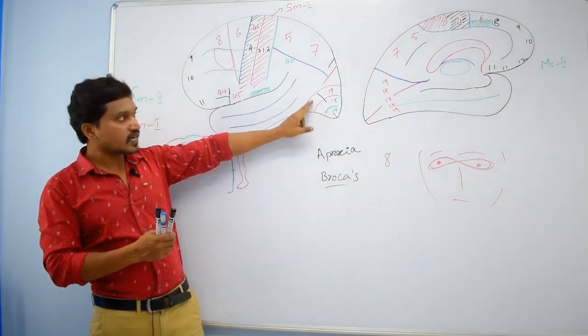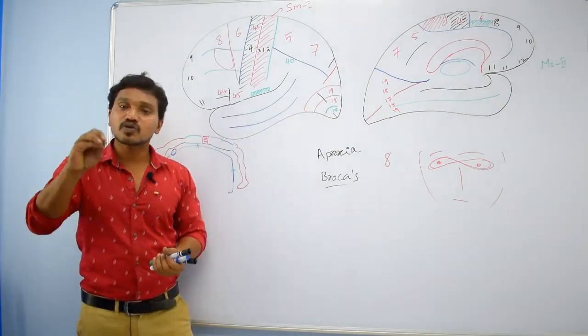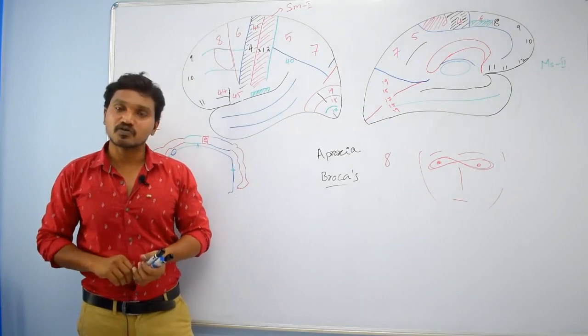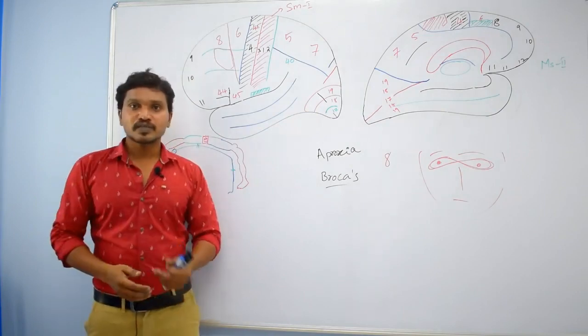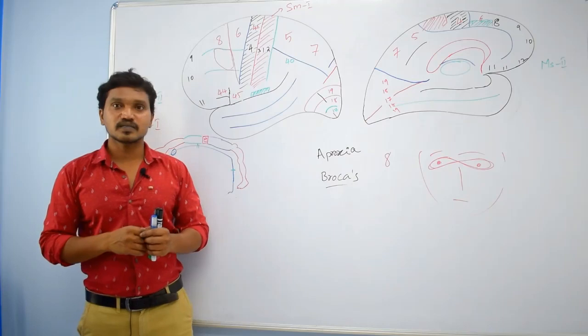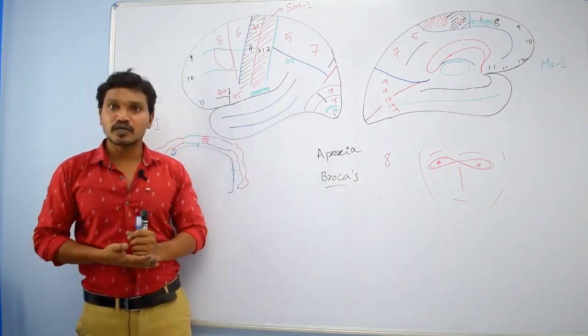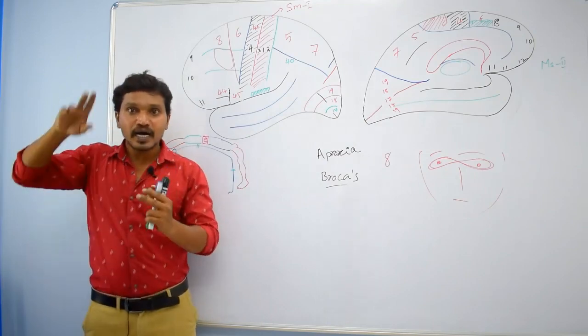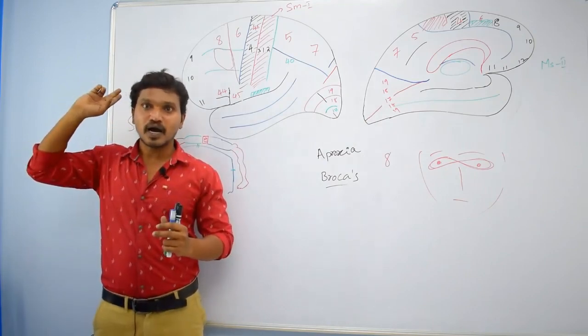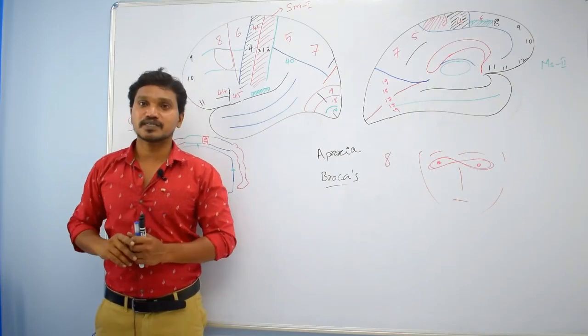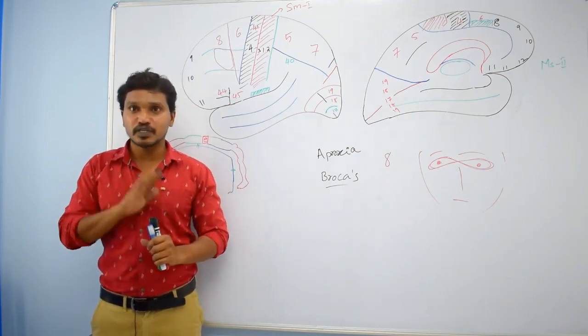Now, areas number 18 and 19 are the associated visual areas. These associated visual areas interpret these visual impulses, compare them with past memory, and recognize the object. That means, let me give you an example.